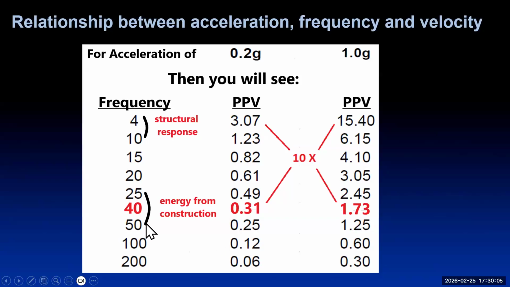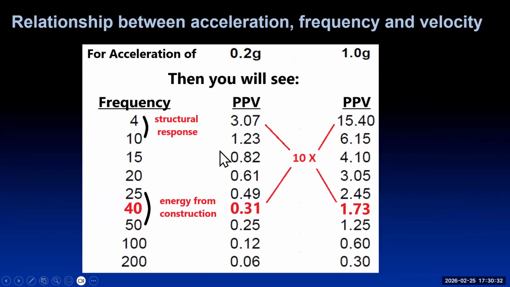This is really the energy in construction. This is what you're going to see in that raw time history if you had to get the dominant frequency out of it. But there very well could be a structural response embedded in it, and it has a much bigger influence. 4 hertz is a very logical response for a 3-story walk-up. A 5-story walk-up might be down at 2.5 to 3 hertz.